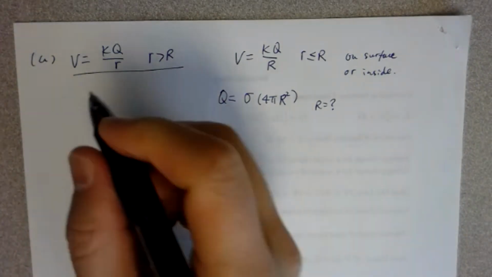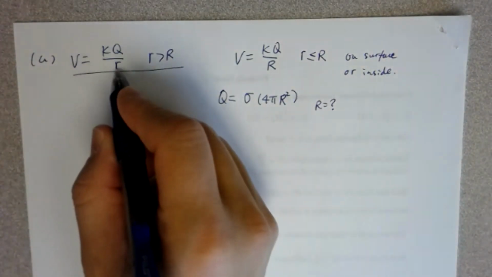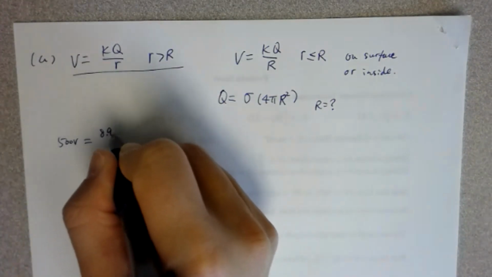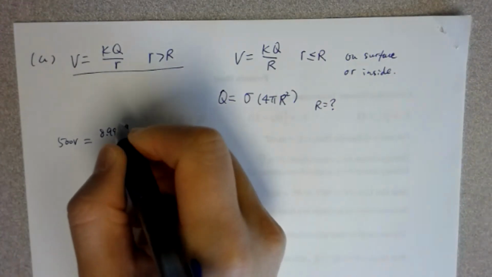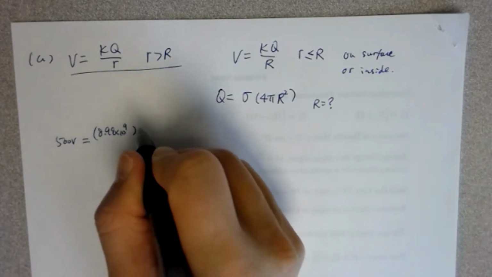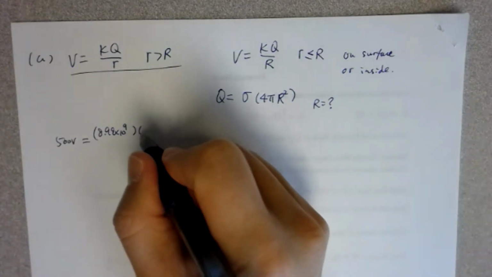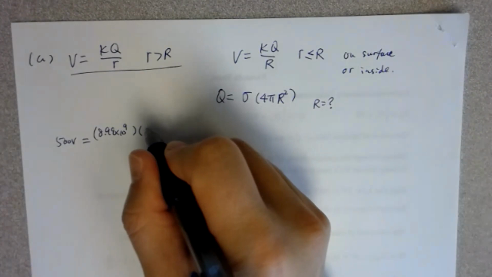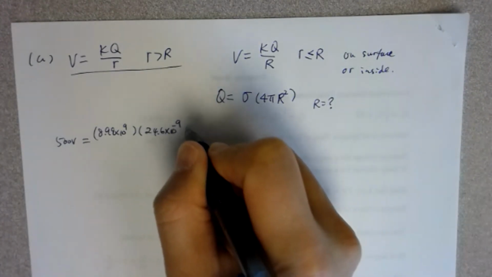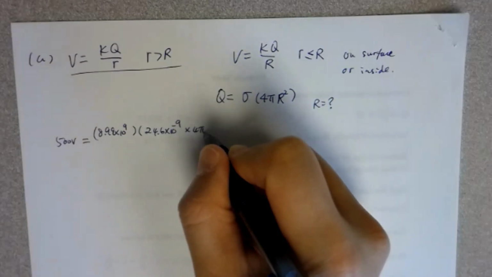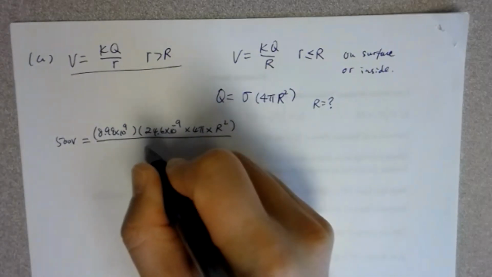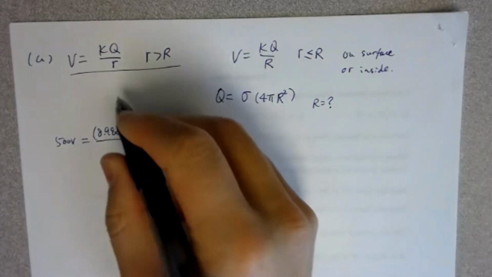So this r is equal to 2. Okay, so 500 volts is equal to 8.99 times 10 to the 9, with the correct units, this is SI unit, times sigma, which is 24.6 times 10 to the minus 9 coulombs over meter squared, times 4 pi times R squared, and then divided by 2.0 for that small r.